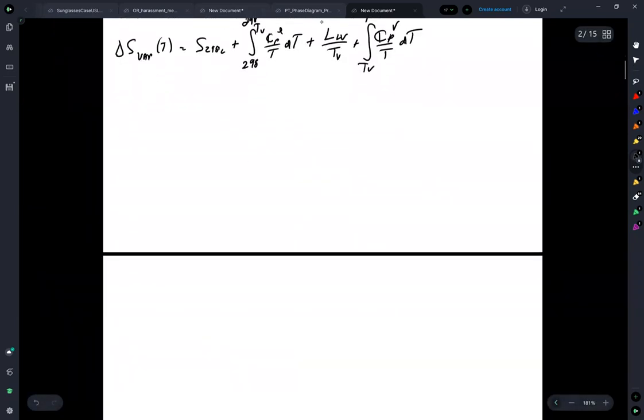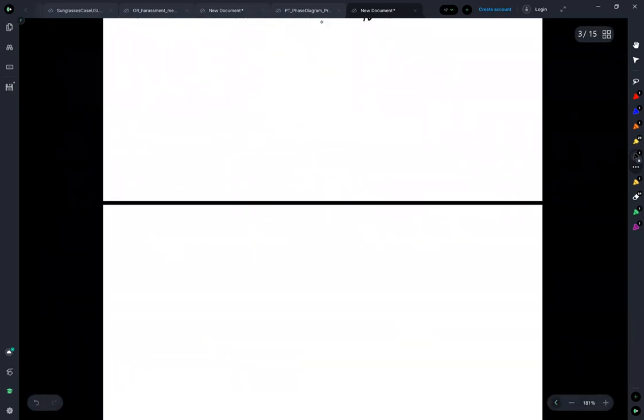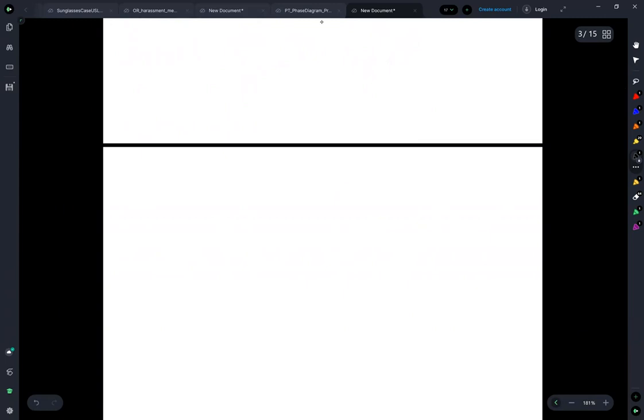Now we have those. We can substitute them in and get G solid, G liquid and G vapor.